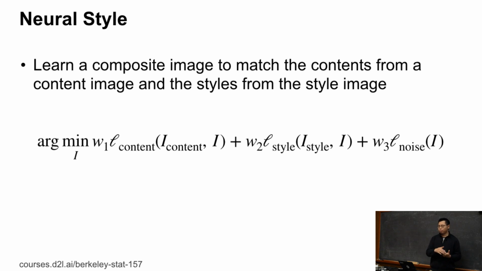W1 is the weight. Plus W2 times the loss between the style image and my learned image. The last one: usually we have a lot of noise, so we want to make the image pretty, with a good signal to noise ratio.